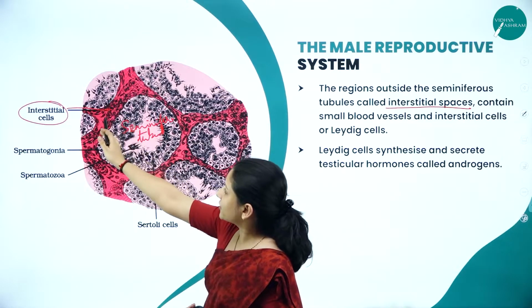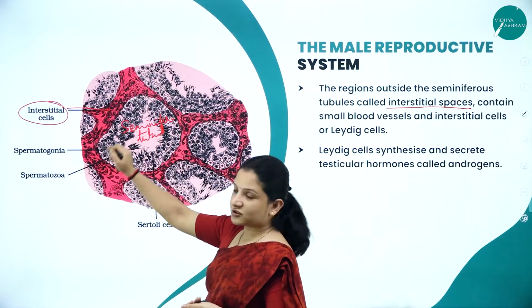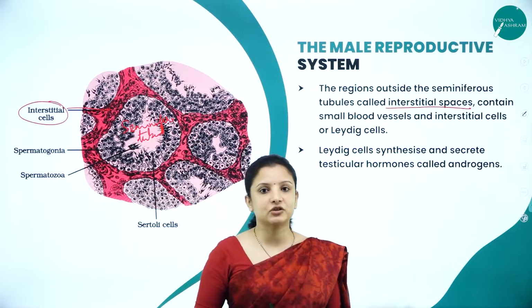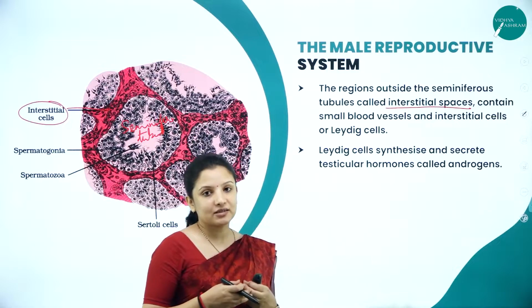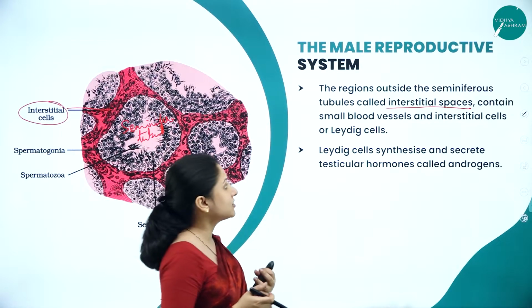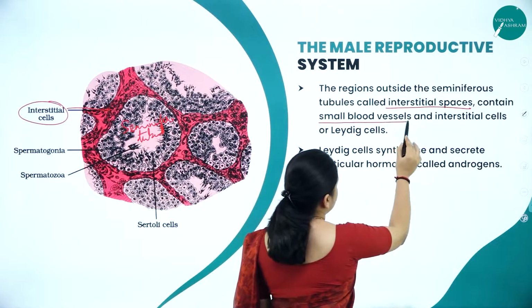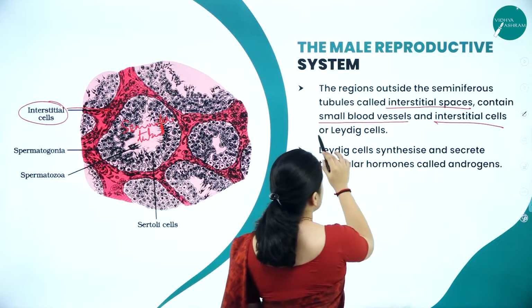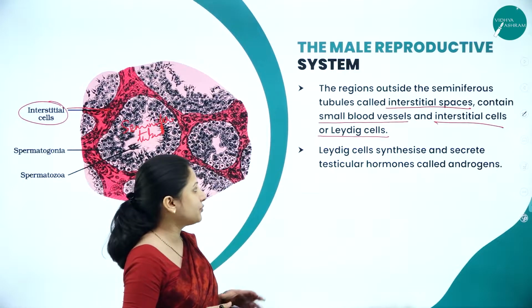And outside the seminiferous tubules, there is a space which is filled with cells, called the interstitial space, or the interstitial cells. And what is there in this interstitial space? The interstitial space contains a lot of small blood vessels, and it also contains interstitial cells, which are also called the Leydig cells. And why are these Leydig cells important?